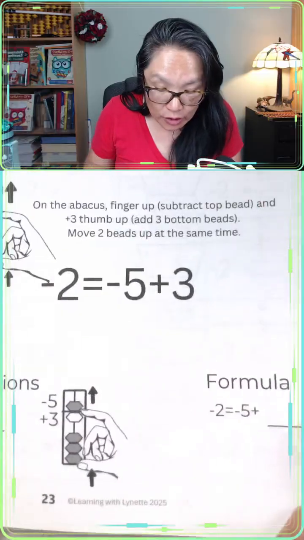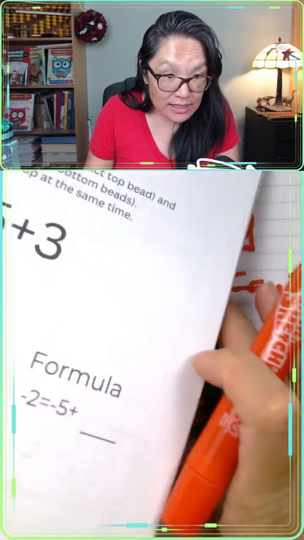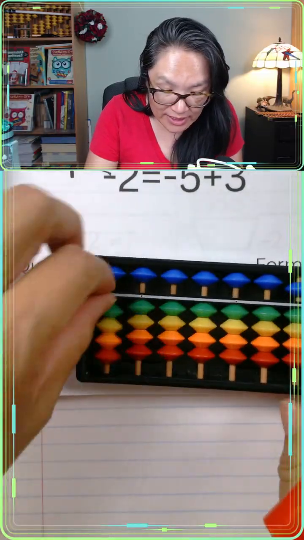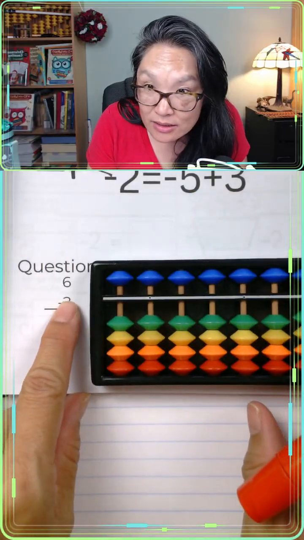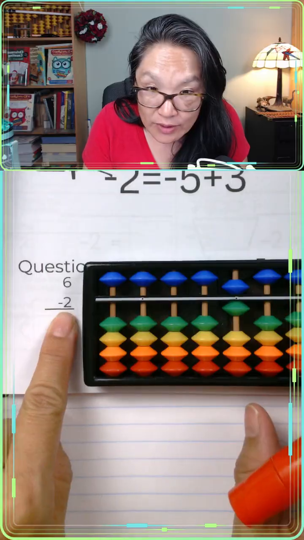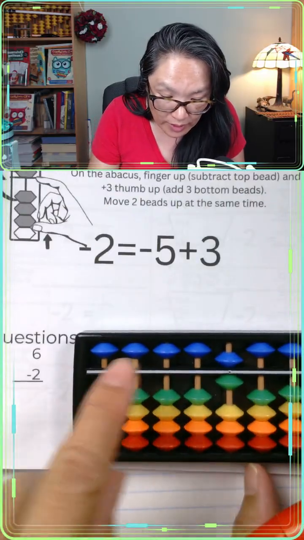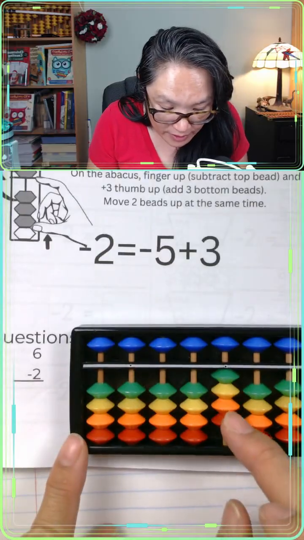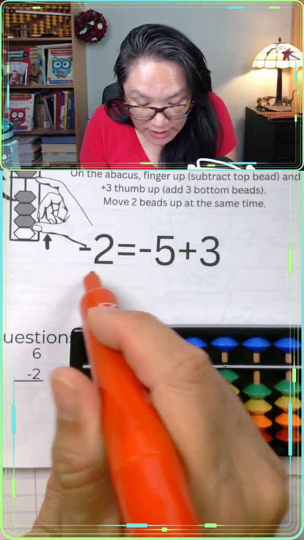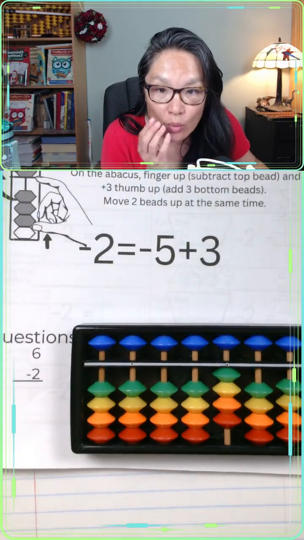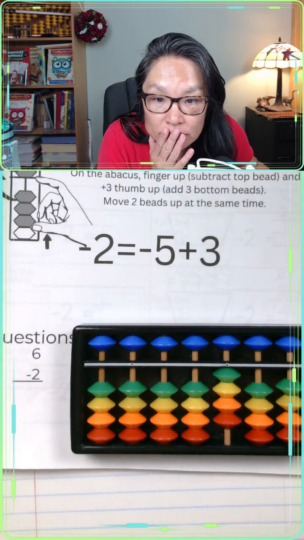If we did a little review, like this 6, I want to take away the 2. To take away the 2, what's going to happen? Minus the 2 is minus the 5 plus the 3. See, notice it's just a minus the 2. So you take it one step at a time.